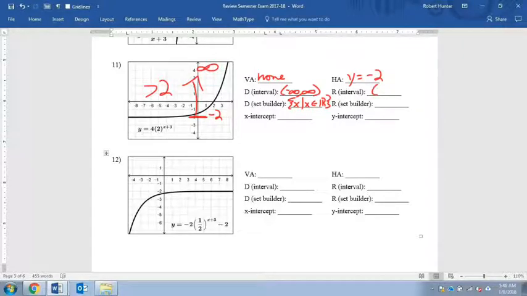So for interval, it's going to go from -2. Remember, we don't include it because the asymptote is there. That's your interval notation. On your set builder, again, y is greater than -2.